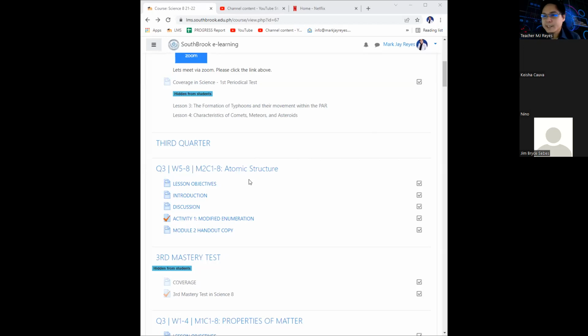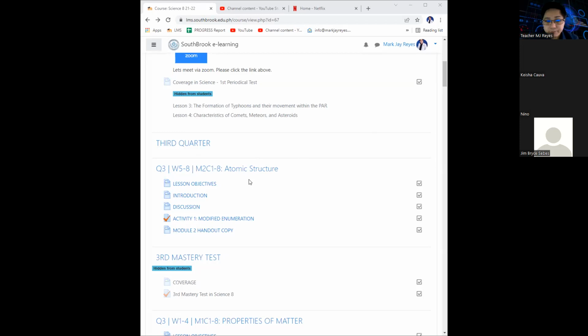We are done with the discussions with regards to the second module for the third quarter, weeks 5 to 8, entitled Atomic Structure. As promised, I will give you a lot of examples with regards to electron configuration. Number 2, finding out the number of protons, neutrons, and electrons with regards to its isotopes.